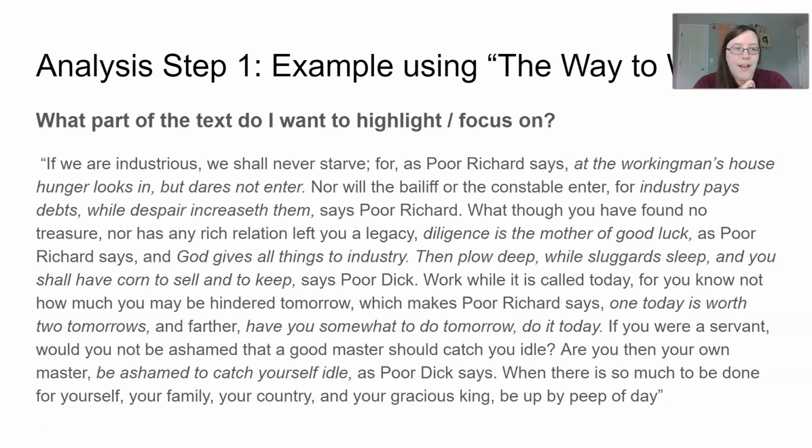What though you have found no treasure, nor has any rich relation left you a legacy? Diligence is the mother of good luck, as Poor Richard says, and God gives all things to industry. Then plow deep, while sluggards sleep, and you shall have corn to sell and to keep, says Poor Dick.